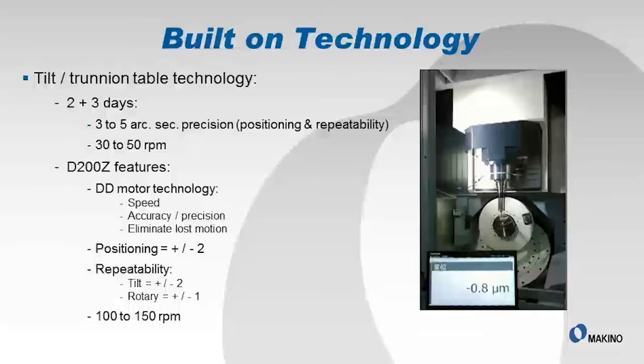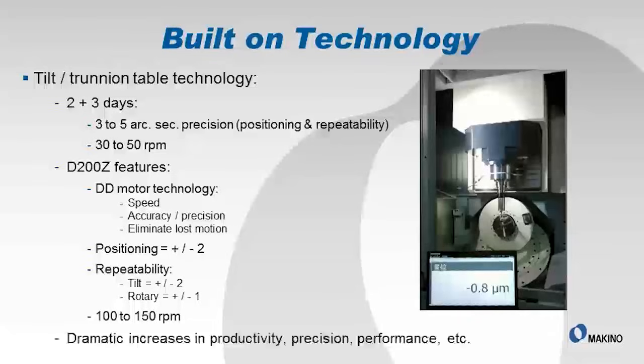So if you look back at where we were at 30 to 50, 100 to 150 is a significant increase in productivity relative to where we were just 5, maybe 10 years ago. So we've seen dramatic increases in productivity, precision, and performance in the basic technology available in the machine tool itself.